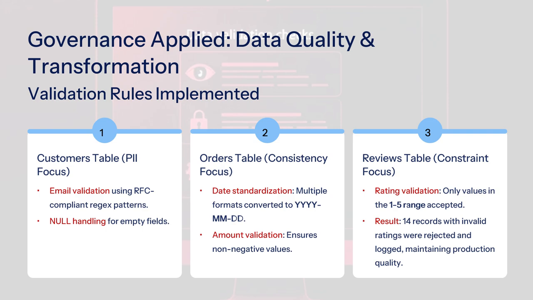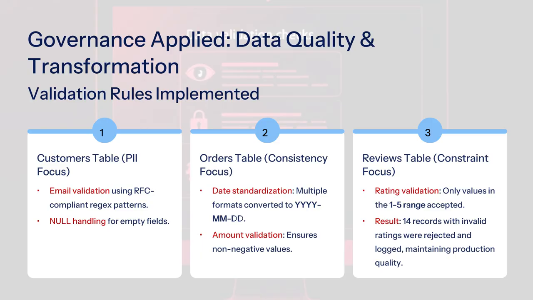So governance has been applied to all four data sets. For the customers table, RFC standard email validation and null checks were done, with PII classification, and sensitive fields cleaned and restricted.